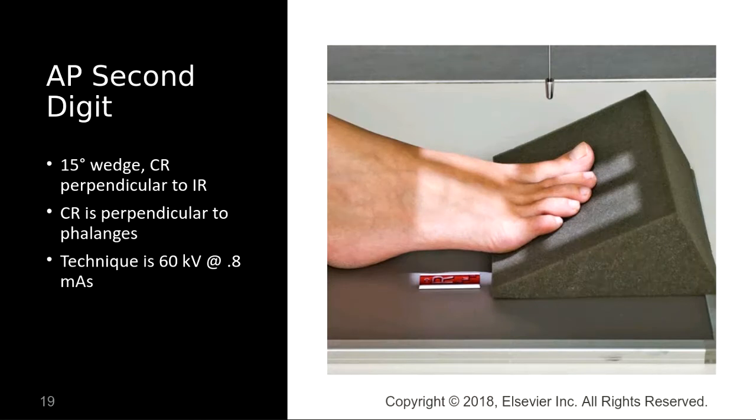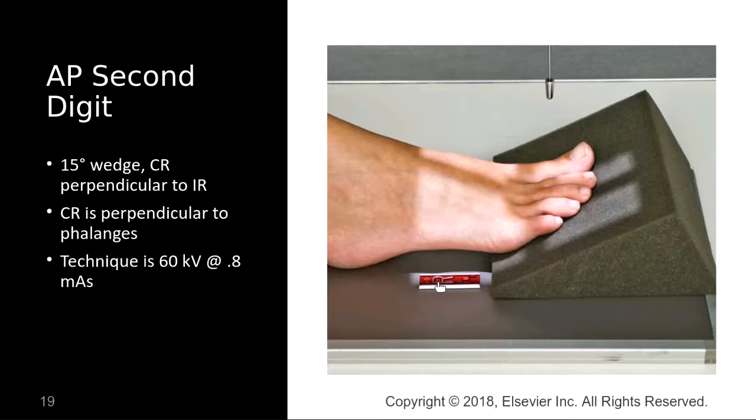All right. Like I said, if you don't want to angle the central ray 10 to 15 degrees posterior, you can use a 15-degree wedge sponge, like they show you right here. Again, marker should be the opposite way. It should be the other way so that when this hangs toes up, that reads correctly.